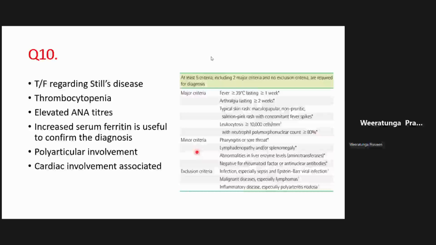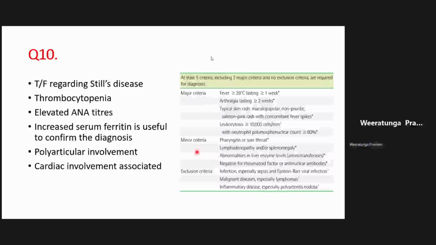I don't think there's much to ask in an MCQ. In a best response question, they could give it as a diagnosis. Right? The typical is very high fever, this typical salmon pink maculopapular rash, and neutrophil leukocytosis with thrombocytosis. That is a typical story that you see. And in the investigations, they can get pleuritis, pericarditis.